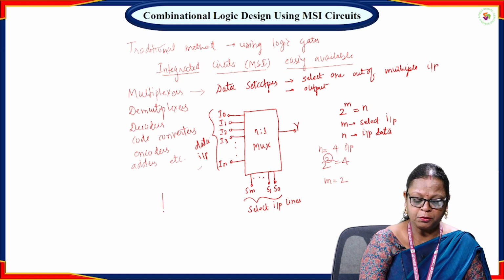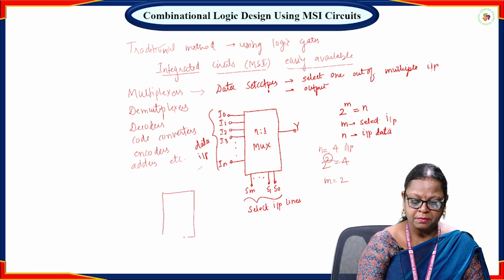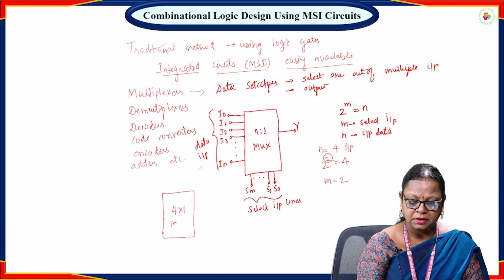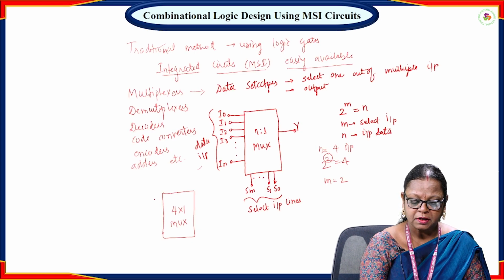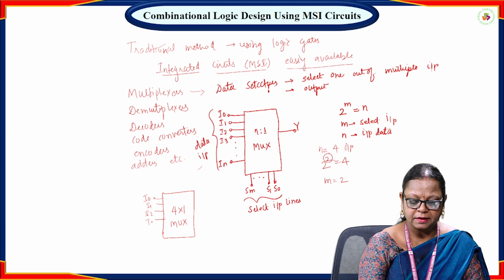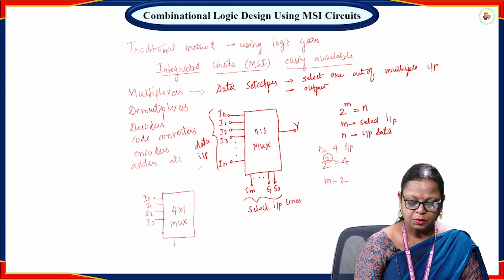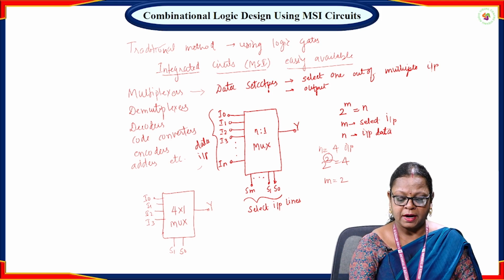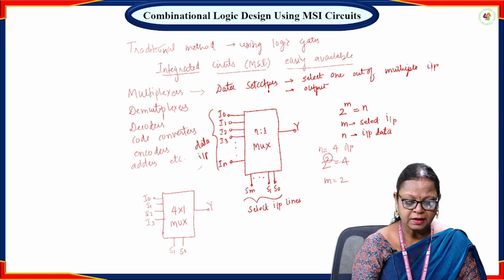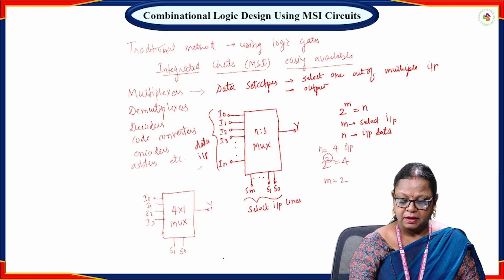If you show the block diagram for the 4 into 1 MUX, I have 4 inputs I0, I1, I2 and I3, and you need 2 select input lines S0, S1, and the output is taken at Y. So this is the general diagram for the 4 into 1 MUX. Now, how will you write the equation for this?